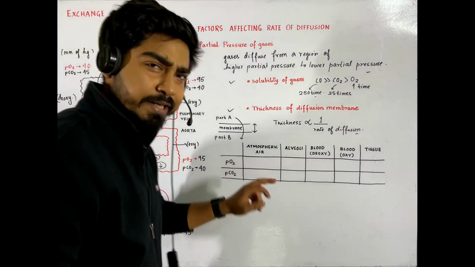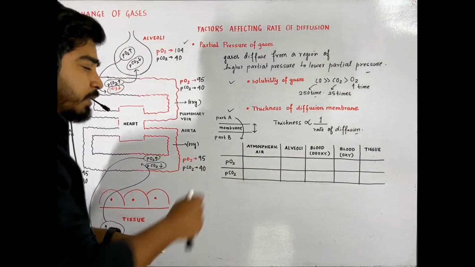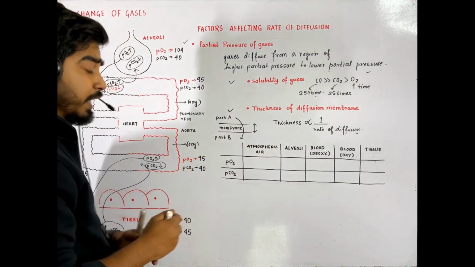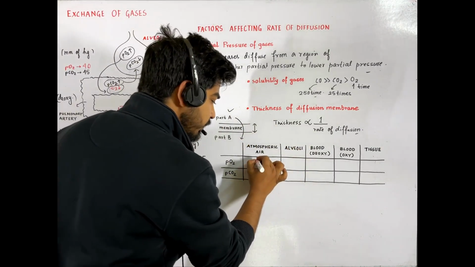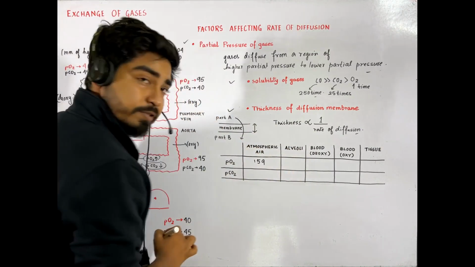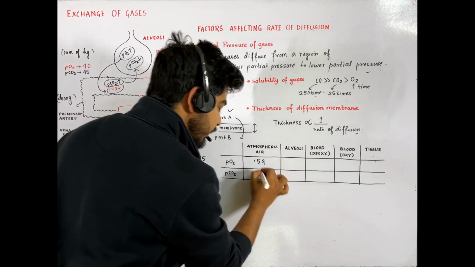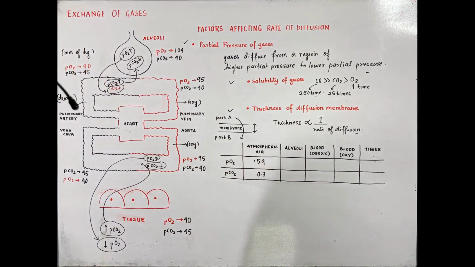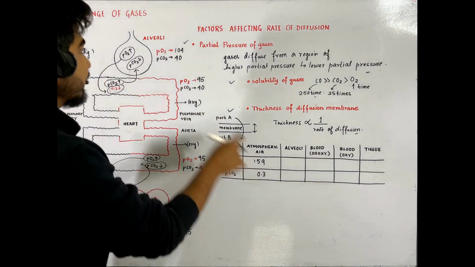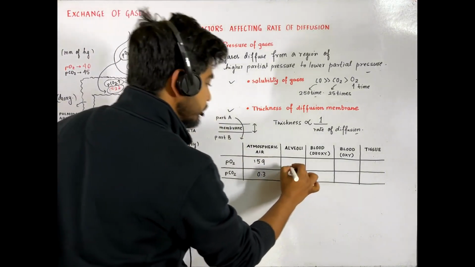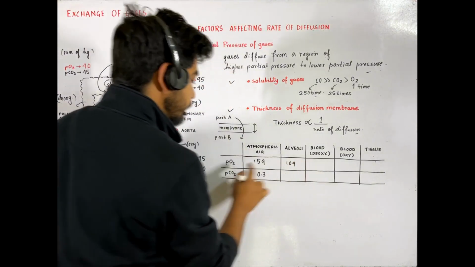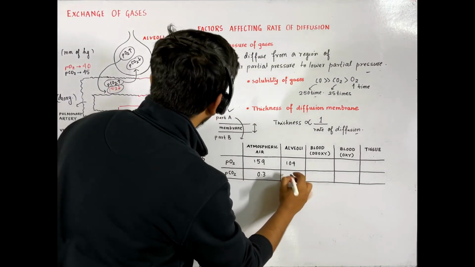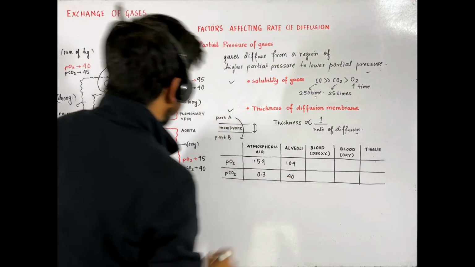First is atmospheric air. I have not given you the partial pressures of oxygen and carbon dioxide of atmospheric air, but let me give you. It is 159 in case of oxygen and 0.3 in case of carbon dioxide. Now as we enter the alveoli, the partial pressure is 104 for oxygen and 40 for carbon dioxide.